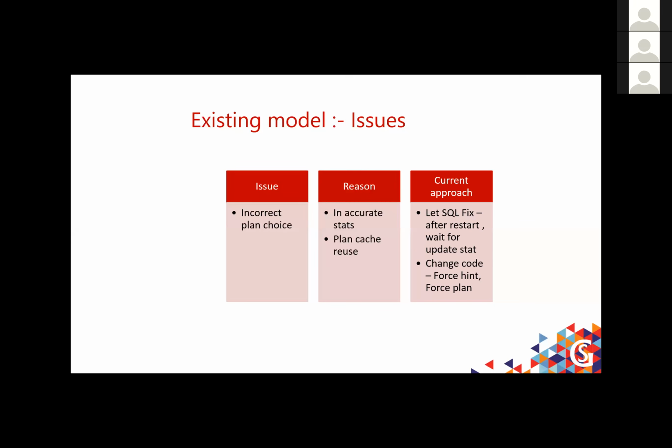Or in some scenarios, you can force a query plan by using a hint. Or if you are on SQL Server 2016, you can use something like Query Store, with which you can force a plan choice. So all these demand a certain amount of action from your end, or from the database administrator, or from the development team.